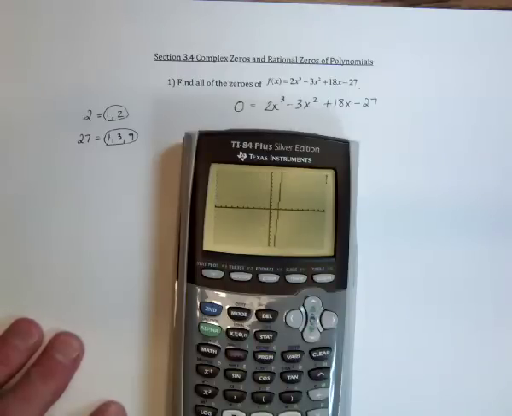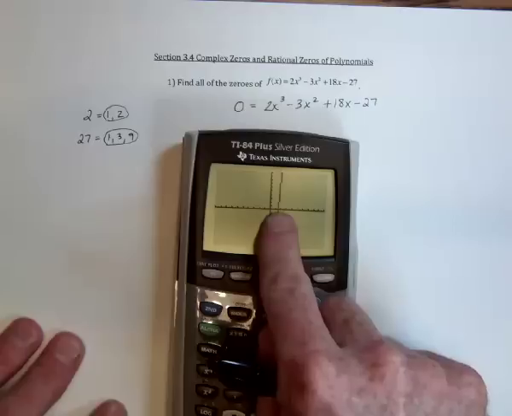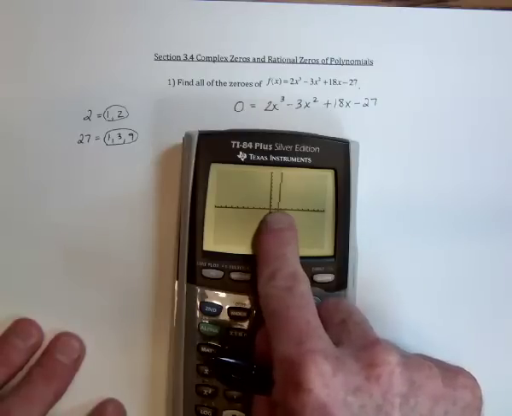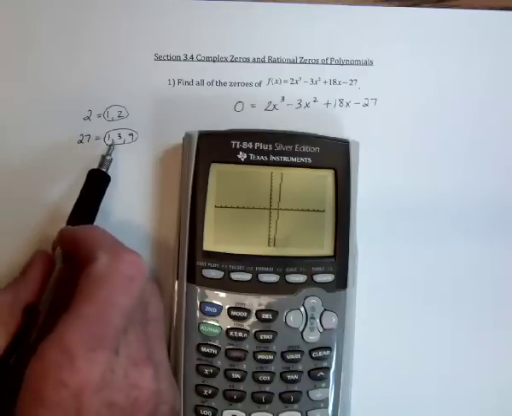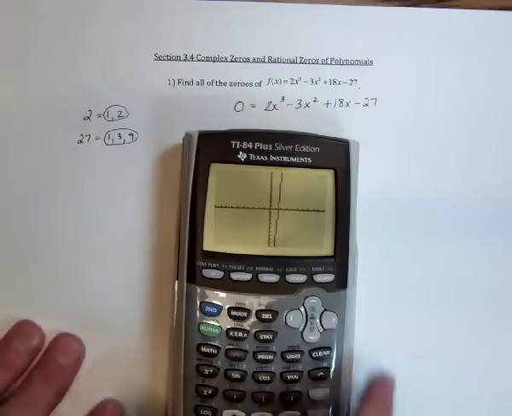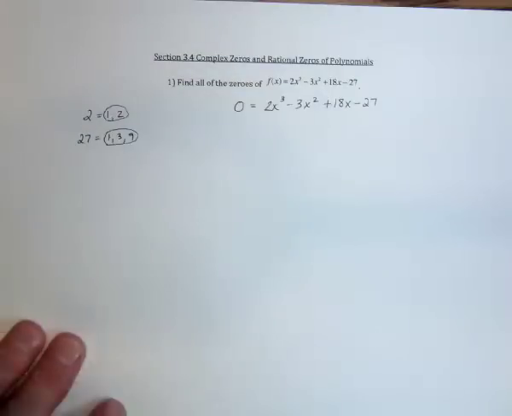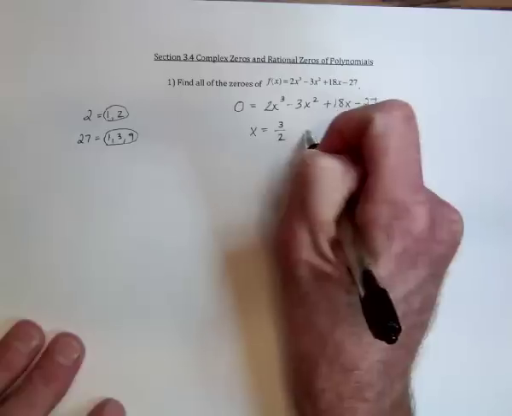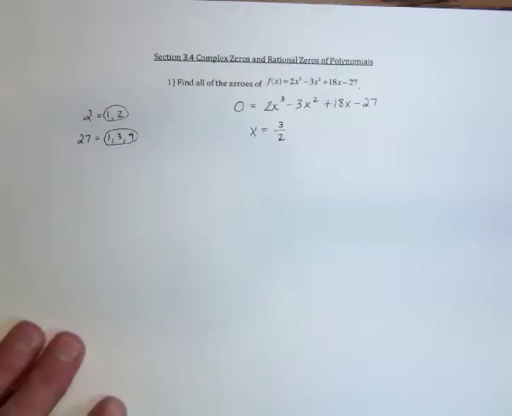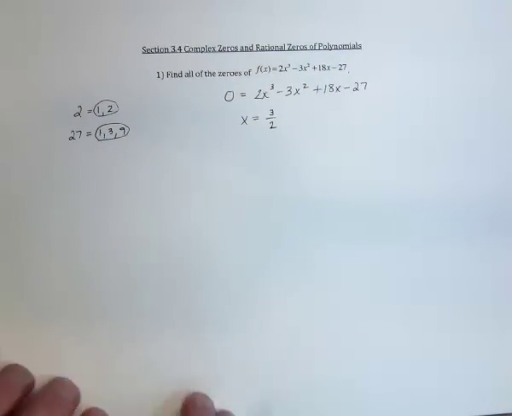And there's a real 0 or x-intercept right there. It looks like it's at 3/2 or 1.5. So that would come from this one divided by that. So x equals 3 divided by 2 is one of the zeros.